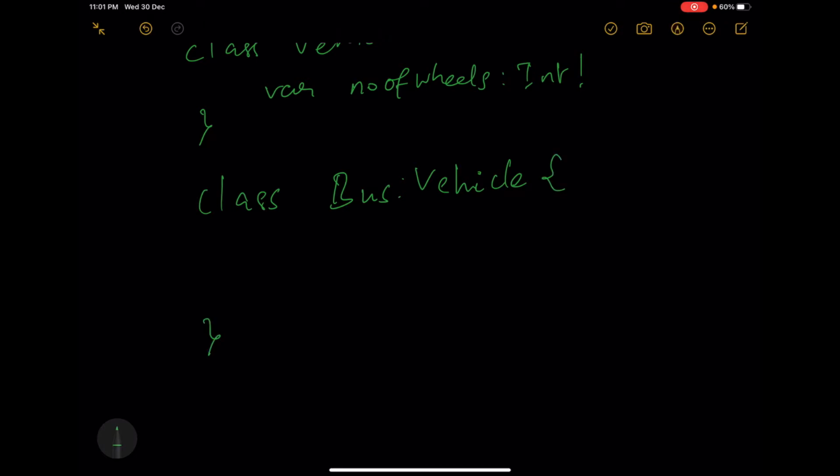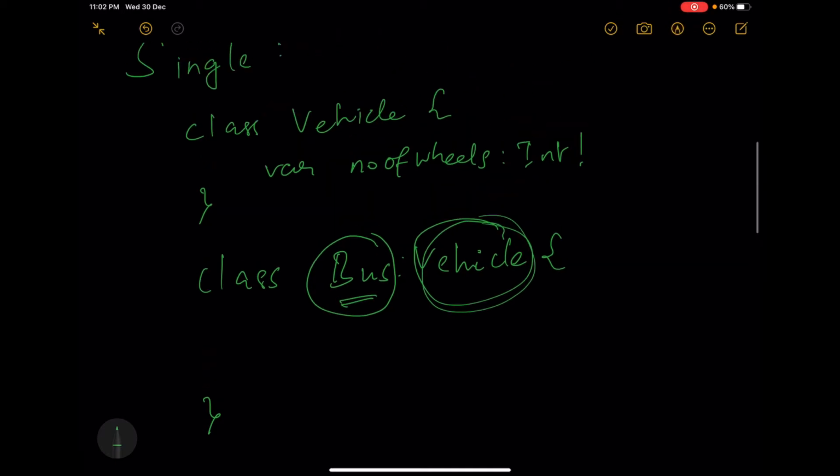This bus will be the child class, and this vehicle will be the parent class. Generally the child inherits all the behaviors and properties from the parent class, so the bus will also have a property called number of wheels, which is inherited from the vehicle class. This bus extends only one class, so we call this type single inheritance.